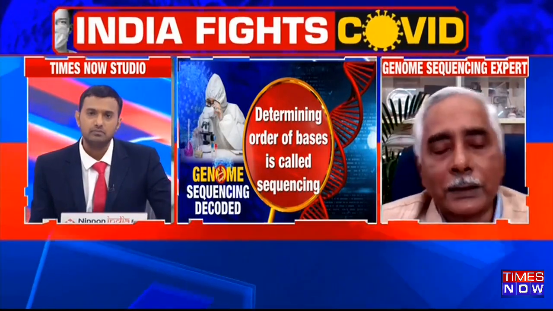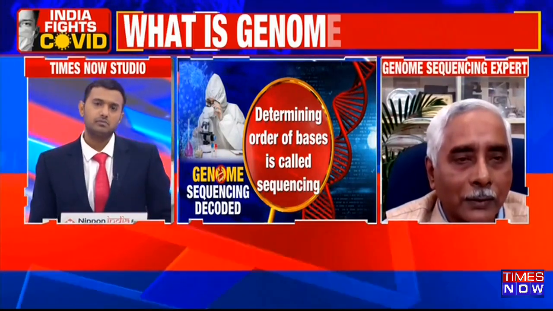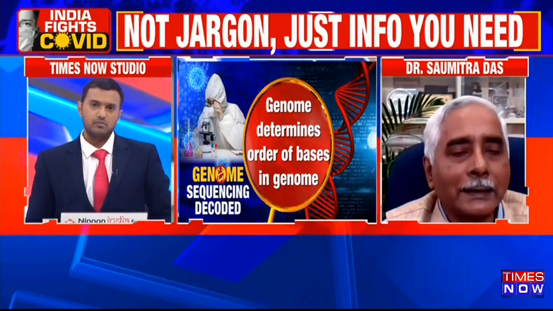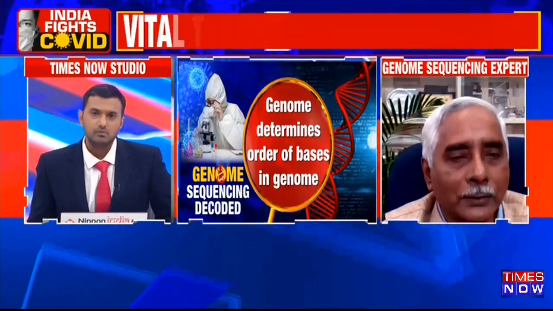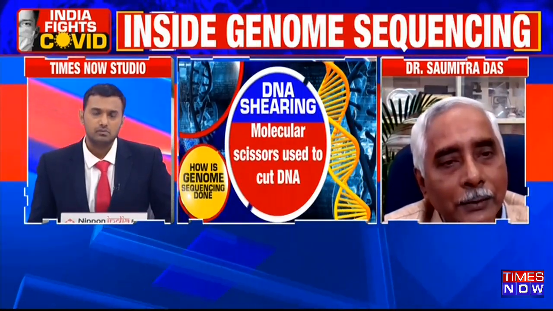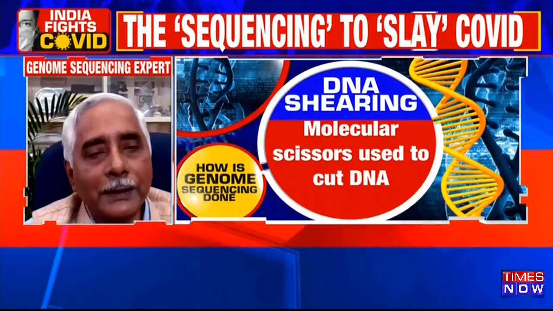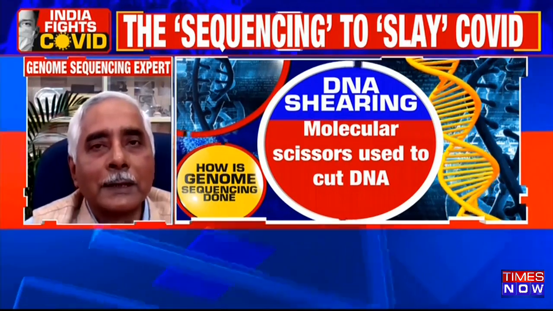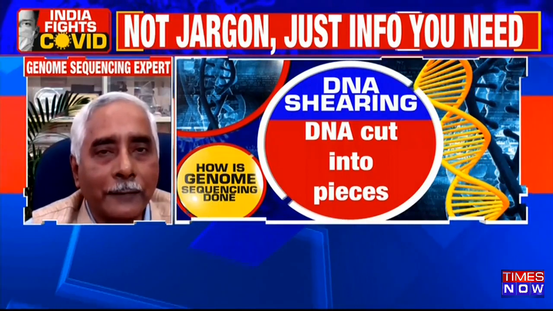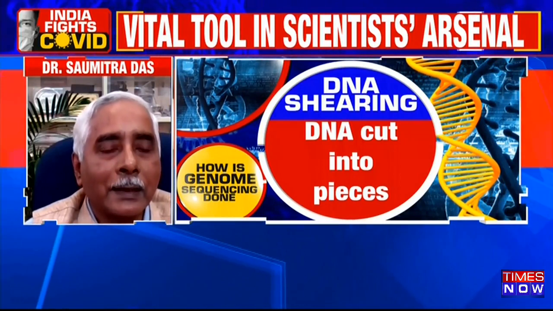See, there are different purposes. The first purpose is to know whether the variant in circulation is very different from the one we have been experiencing. The second thing is, if it is very different, the obvious question is whether it now has more affinity towards the receptor to enter the host cells, meaning its transmissibility or infectivity has increased manifold or not. Then we have to check, as we are all immunized either by natural infection or by vaccinations, whether this new variant is going to be neutralized by our antibodies.